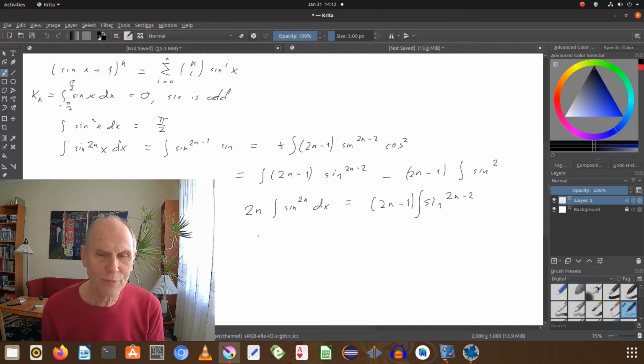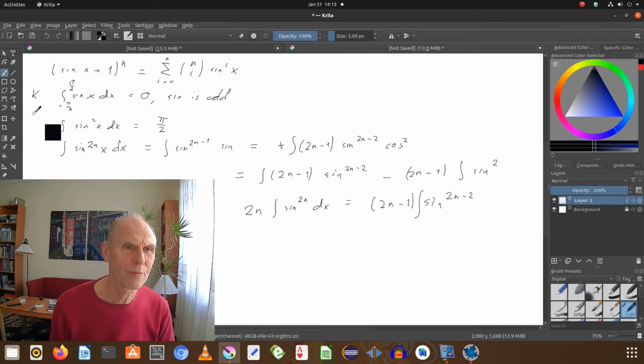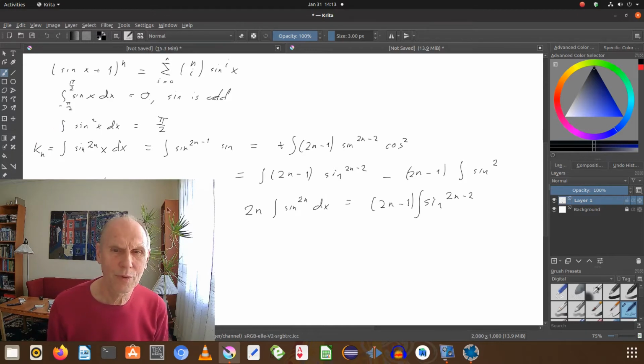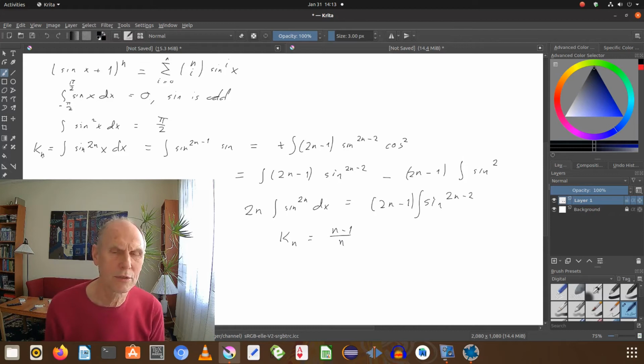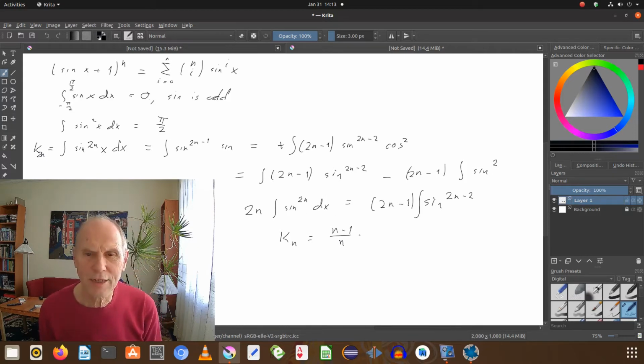So Kn equals n minus 1 divided by n. Oh, it's K2n. We use the even numbers as index.